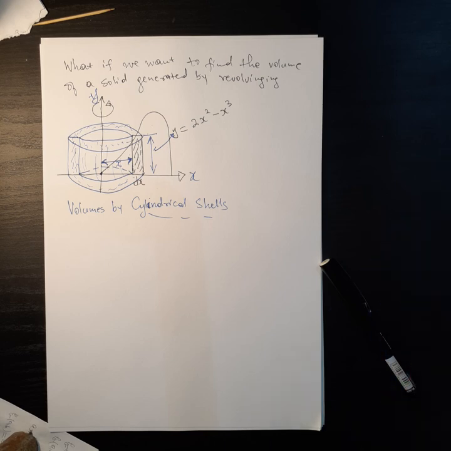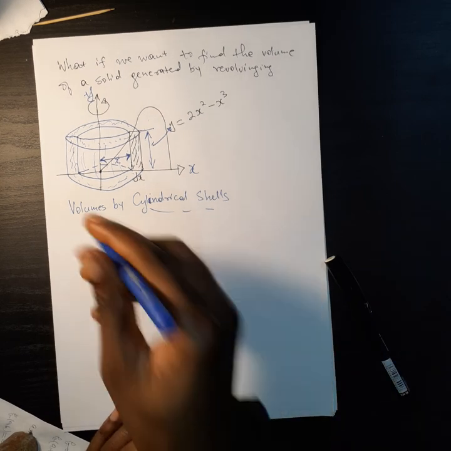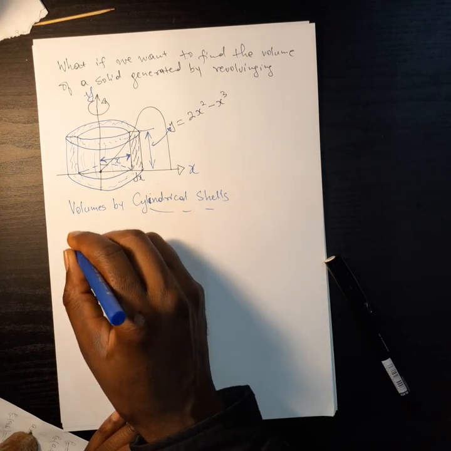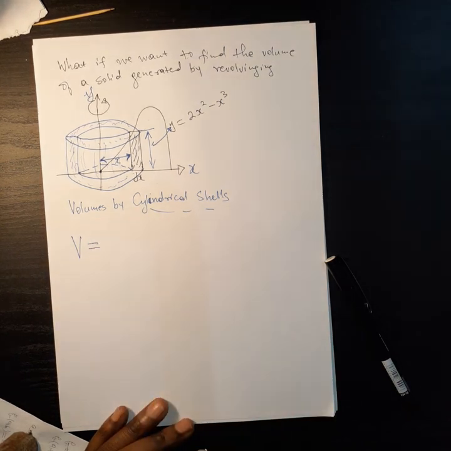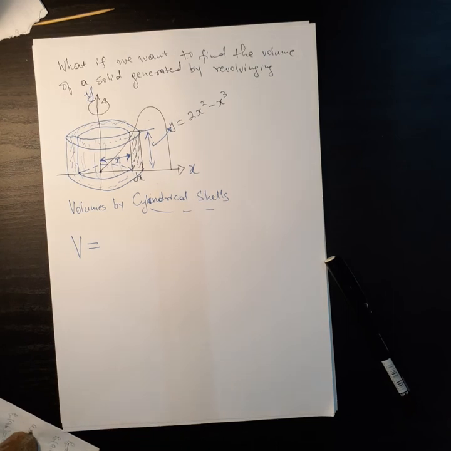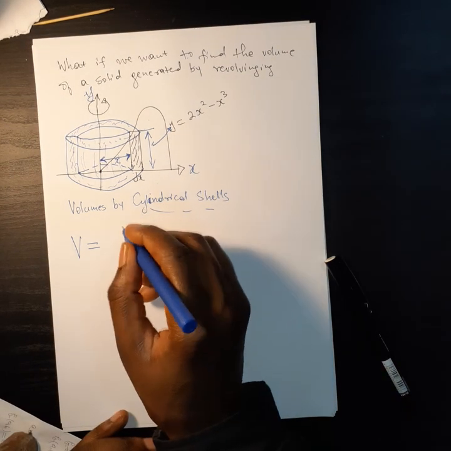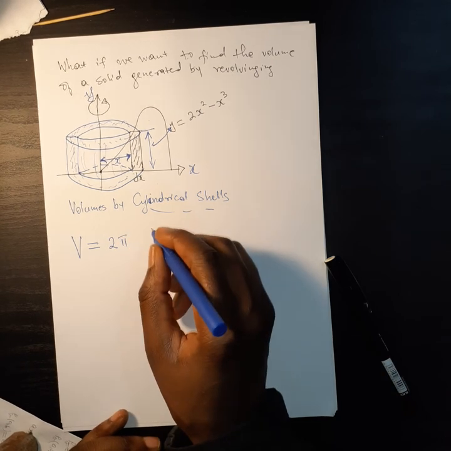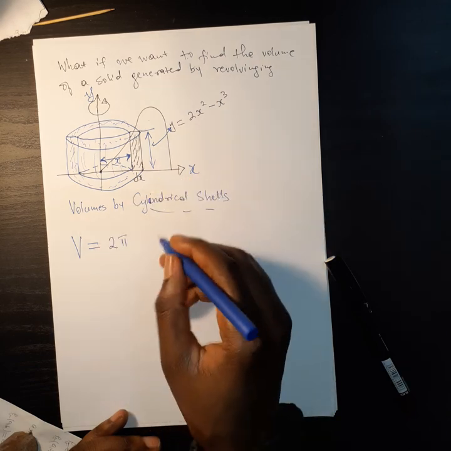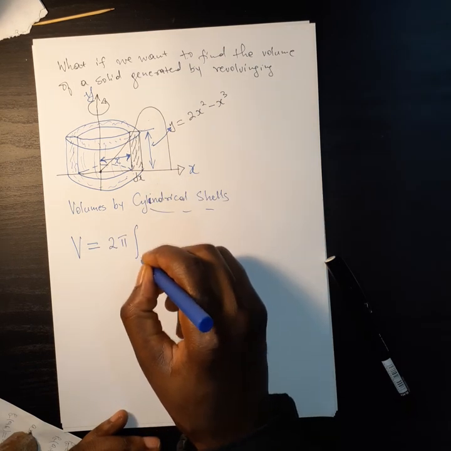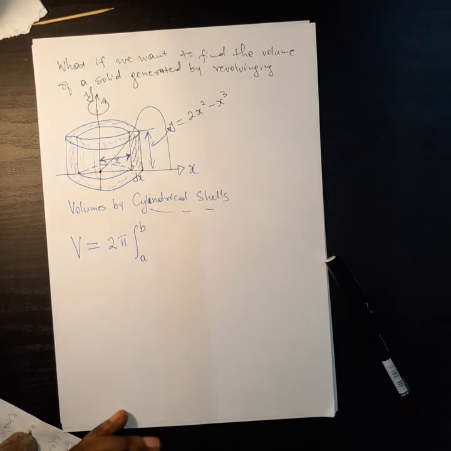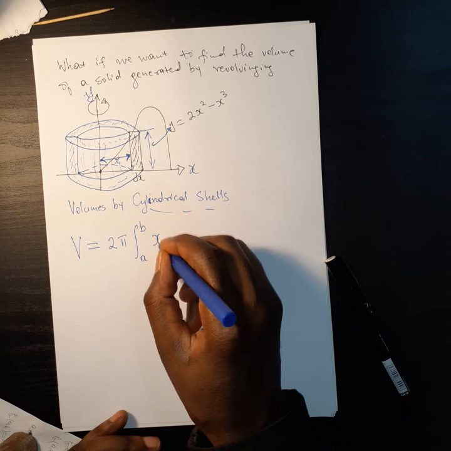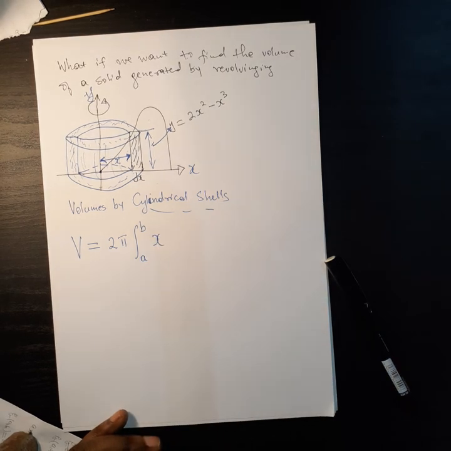So we are saying that the volume of our solid V will be given by 2 pi, because we are adding everything, the integral from a to b, and we talk of the radius, which we represent by x.